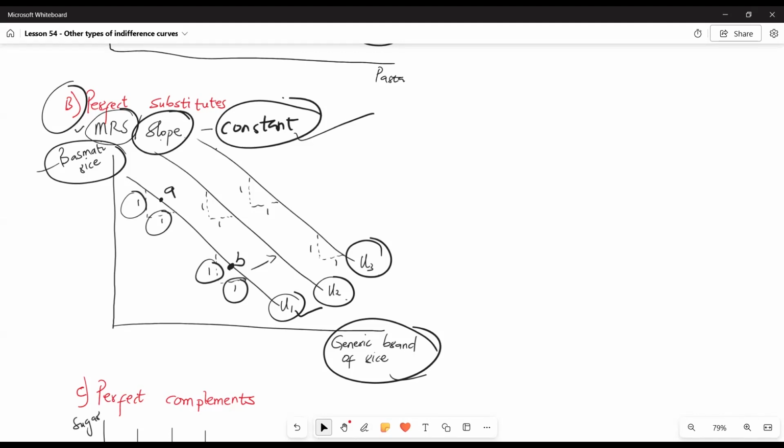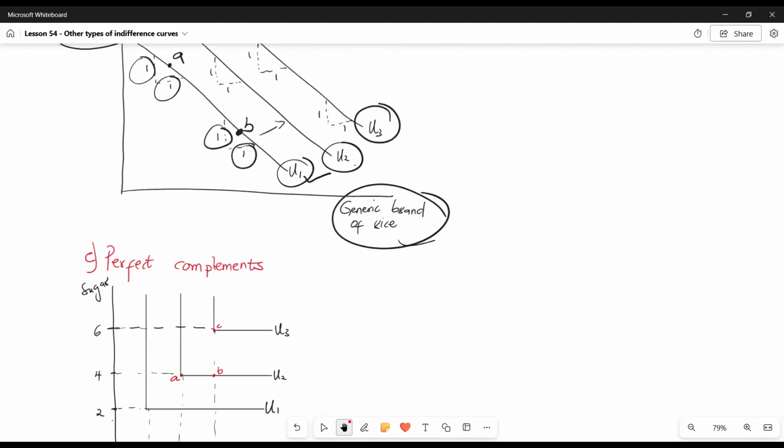Note that the diminishing marginal rate of substitution comes into play because the slope along the indifference curve changes and the rate at which the consumer trades one good for another diminishes as you move along the indifference curve. Now for perfect substitutes, because the slope along the indifference curve is constant, there is no diminishing marginal rate of substitution.